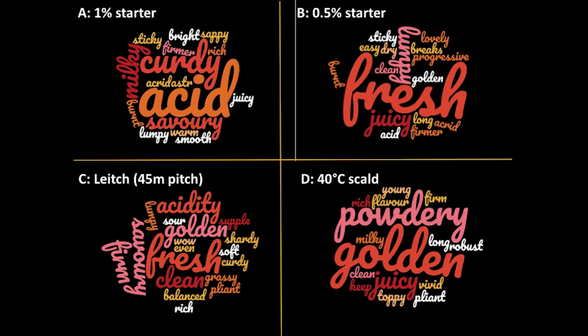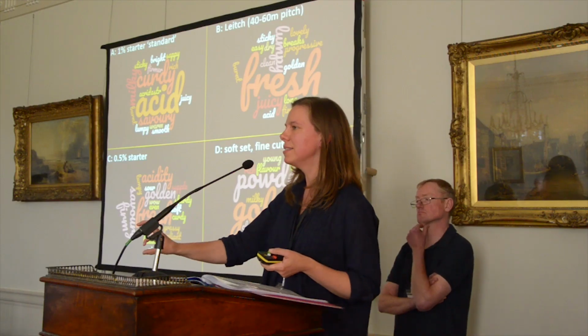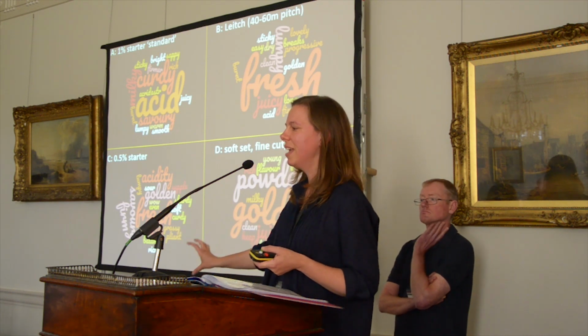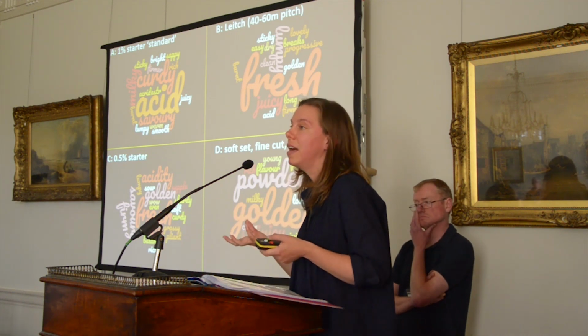I think people who are familiar with Havod recognize that micro-powdery texture that sometimes you get within the curd. It's not terrible, it's not rough, but there is a powderiness that I don't think we necessarily see in other cheddars. And it was really interesting to me that this pattern of powderiness co-segregated with the slightly higher scald cheese and the softer set as well.